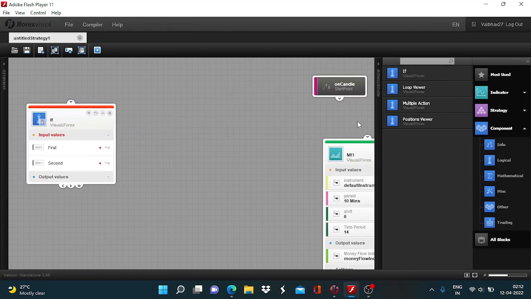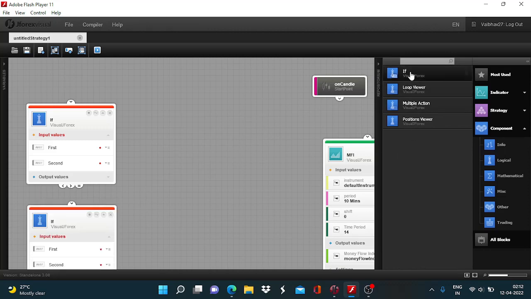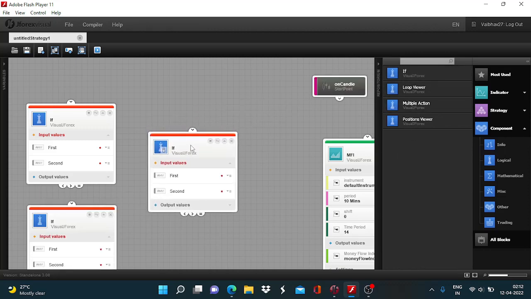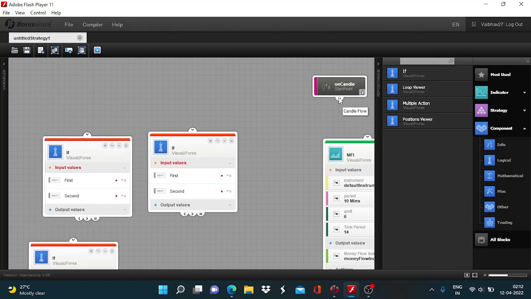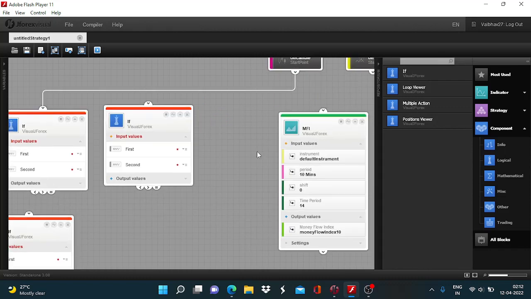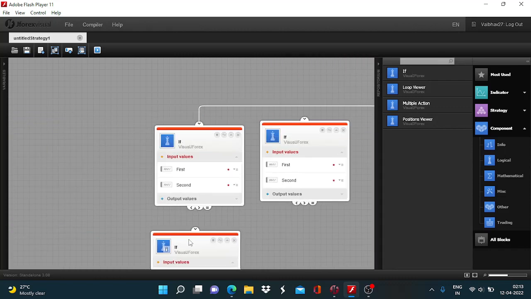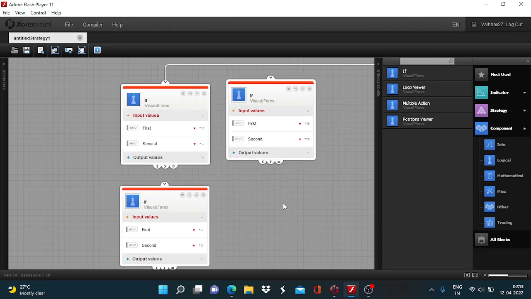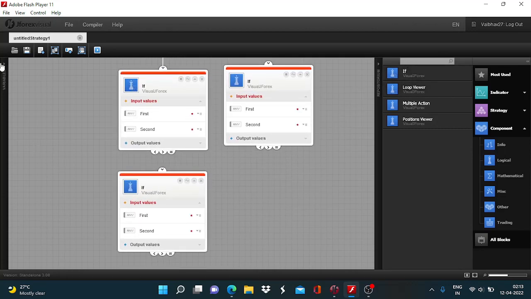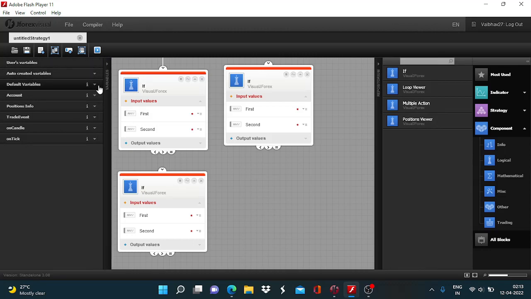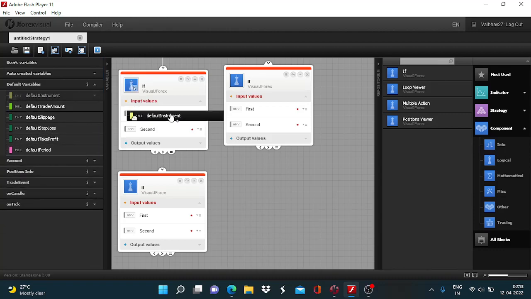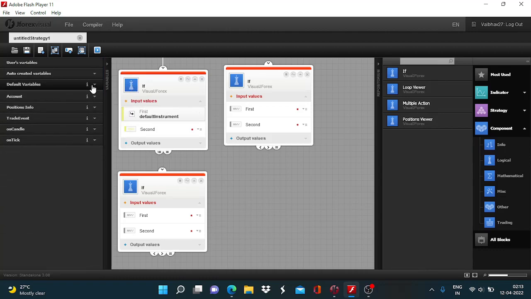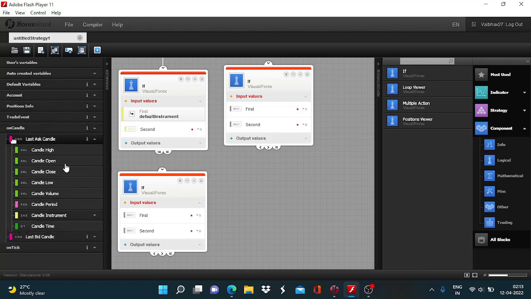So I take these three if blocks and we will get the default instrument first and match it with candle instrument.